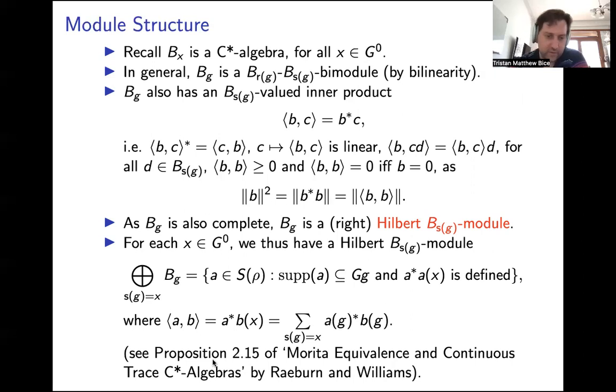Okay, and if you're interested, you can go to what I think is quite a nice reference on these things. So this book by Raeburn and Williams, called Morita Equivalence and Continuous-Trace C-star algebras. We won't really need the full strength of this result. All we will really need is the fact that this forms an inner product when you restrict to finitely supported sections. The general result is good to know.